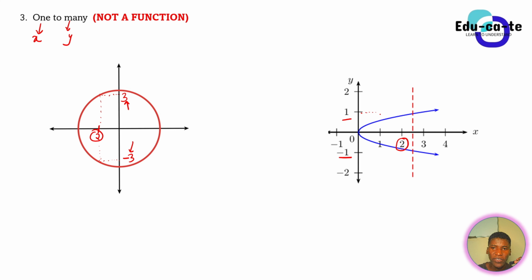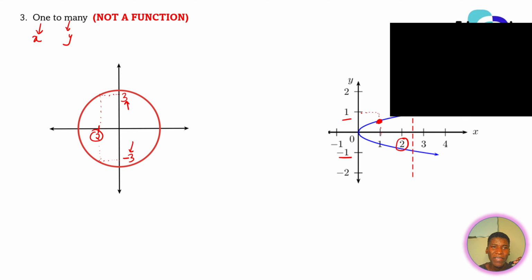Although this is not drawn to scale, you can see that each and every x value here has got 2 or more y values. So when you've got one x value associated with many y values, that is not a function. That is known as a one-to-many relation. And how do you see that this is not a function?